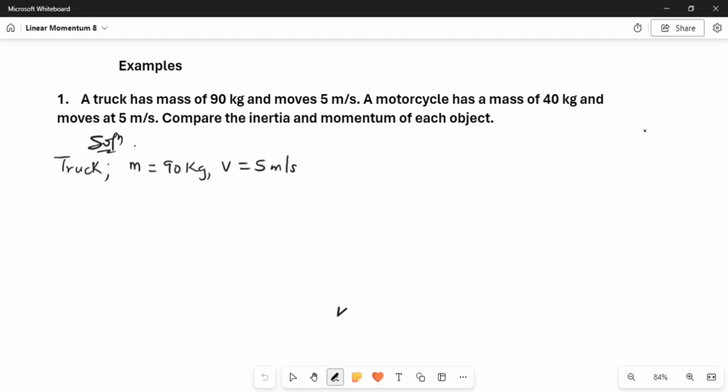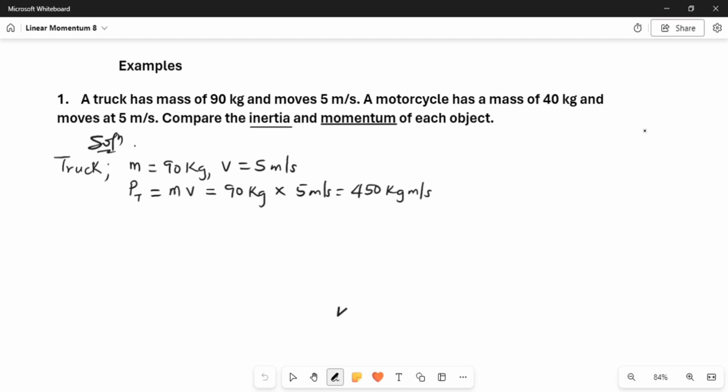So that implies that the momentum of the truck, let's use T to represent the truck, is equal to mv, that's mass of the truck times the velocity, which is 90 kg times 5 meters per second. That gives us 450 kilogram meter per second. We have to compare the inertia and the momentum of each object.